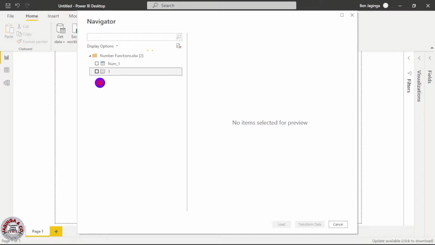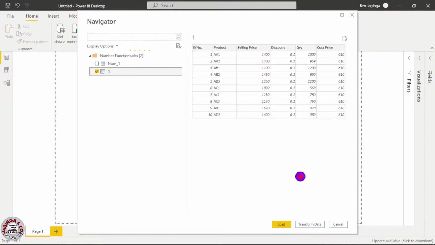I'll choose table 1. We'll click transform.